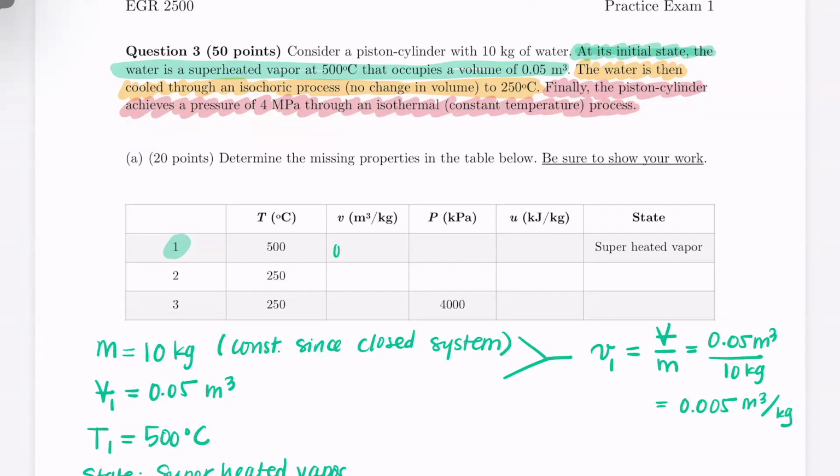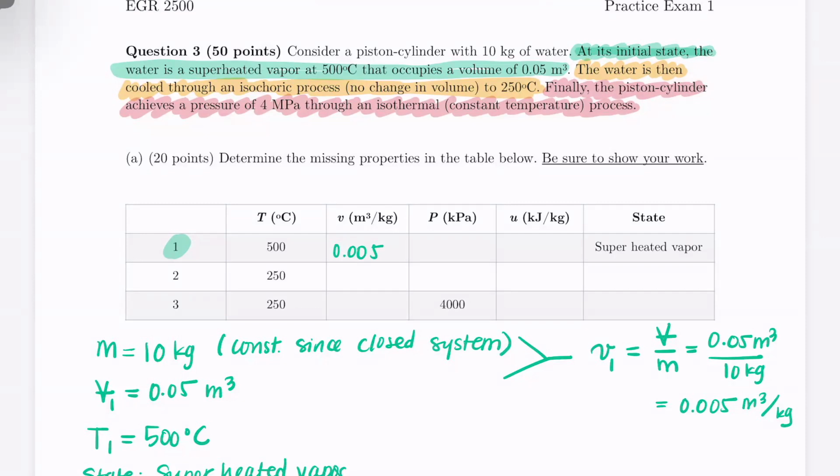I'm going to put that in here. Now we know the state, it's a superheated vapor, and we know the temperature and the specific volume, so we should be able to find both pressure and specific energy from the superheated vapor tables.